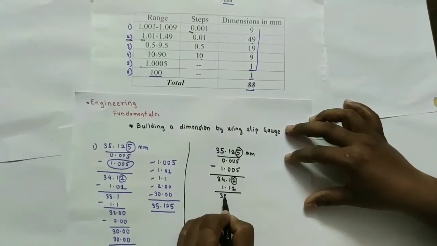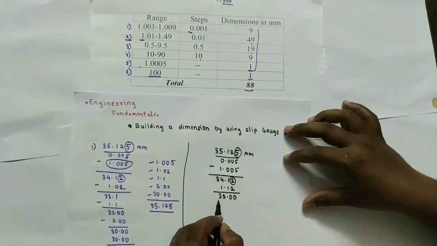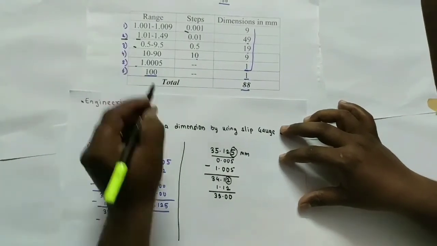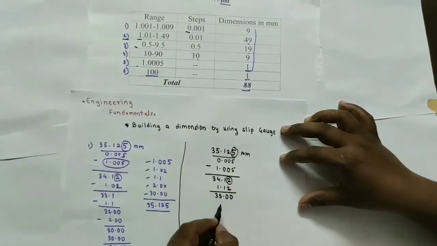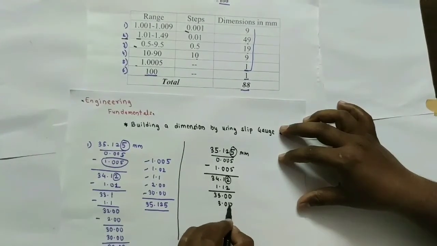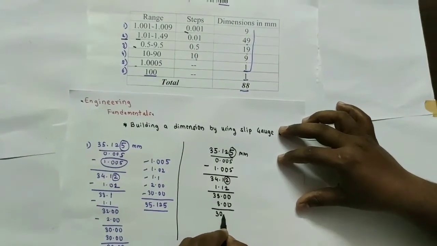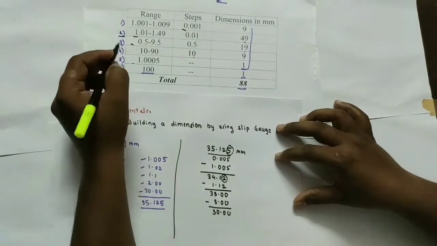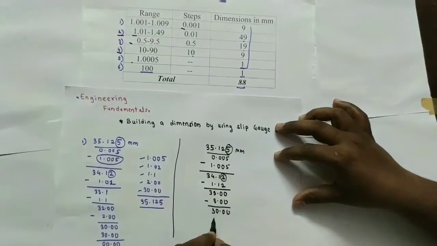Then we are getting 33.00. Then the third slip gauge is available in this range, then we are getting 30. Once we subtract this, we get 30, and 30 is available in this fourth range.